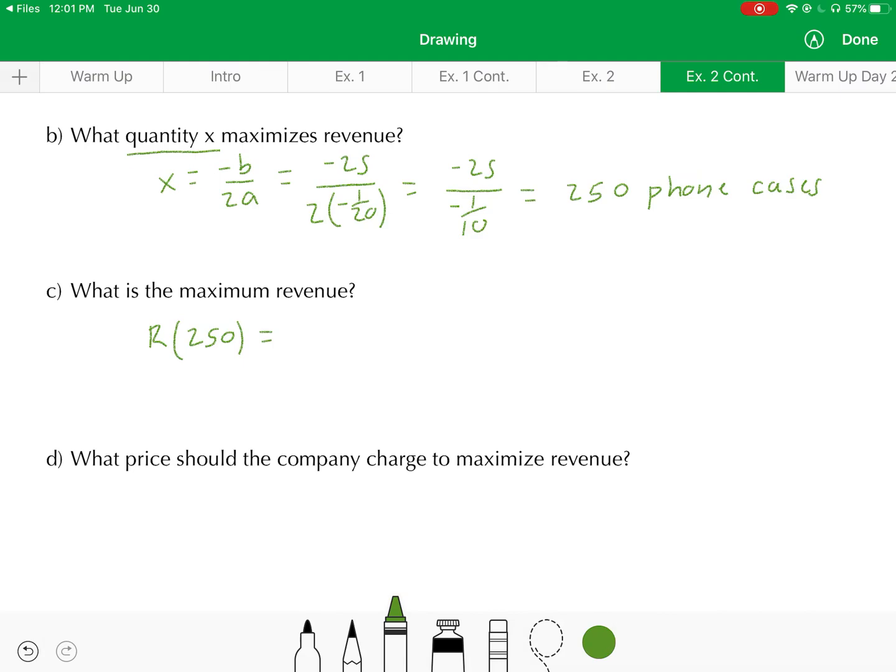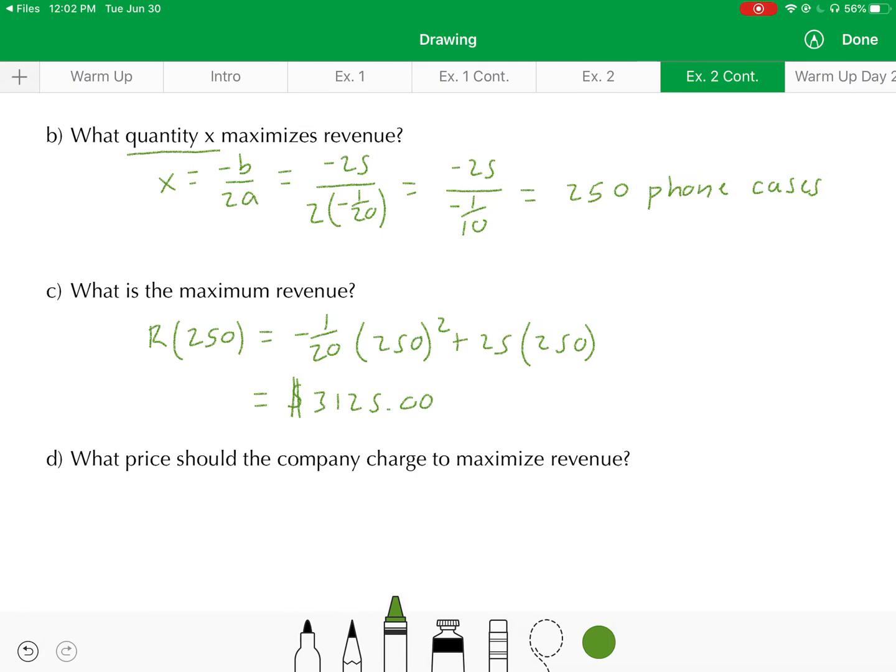Okay. And if I simplify that, that turns out to be 3,125, and this represents money. So this is dollars. So we're going to bring in a total of $3,125 when we sell 250 phone cases.